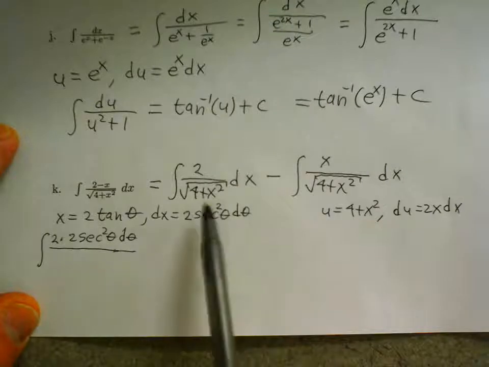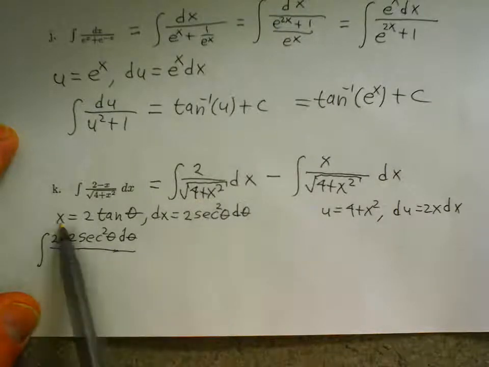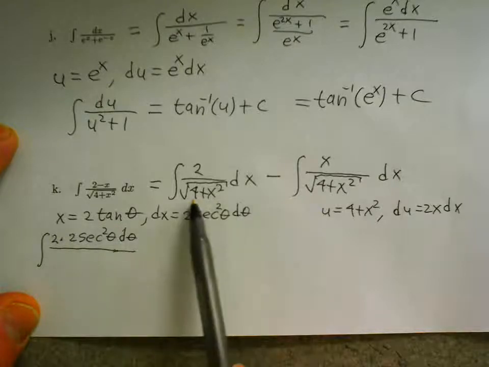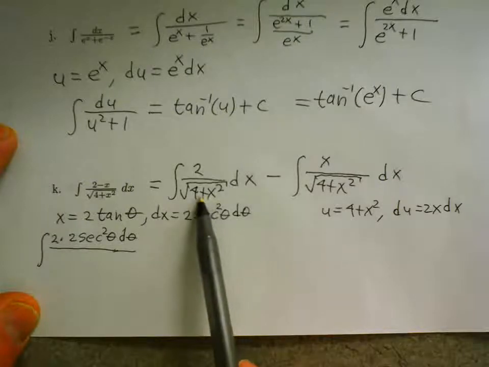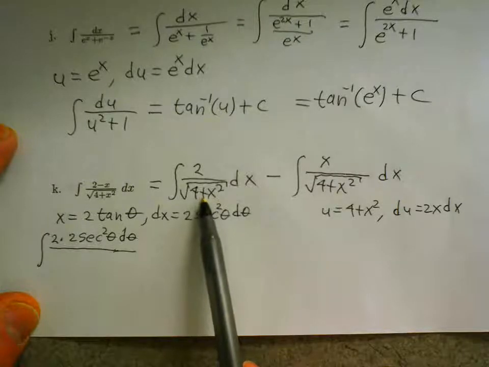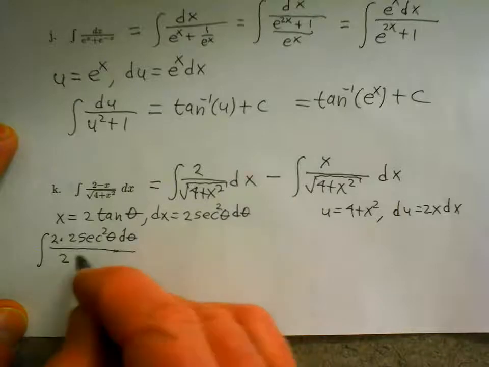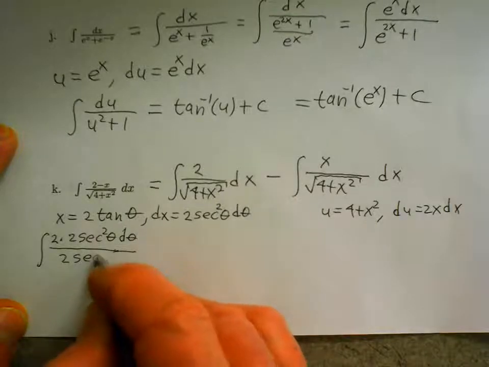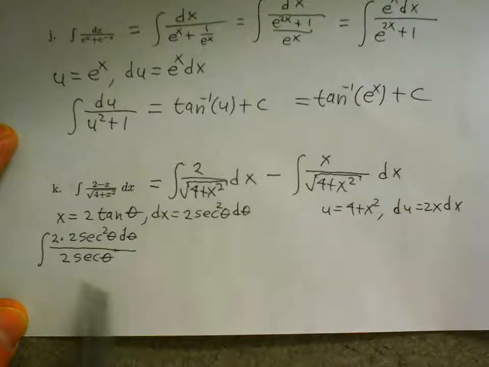Okay, and in the denominator, when we replace x with 2 times tangent of theta, we'll get 4 plus 4 times tangent of theta squared, which is 4 times secant of theta squared. And then when we take the square root of 4 times secant of theta squared, we get 2 times secant of theta. And we're going to get some cancellations on this one.